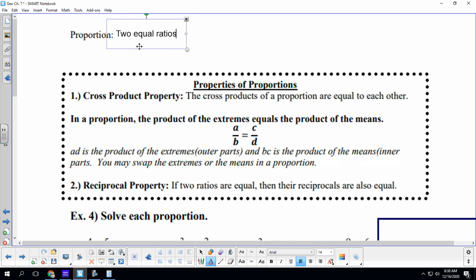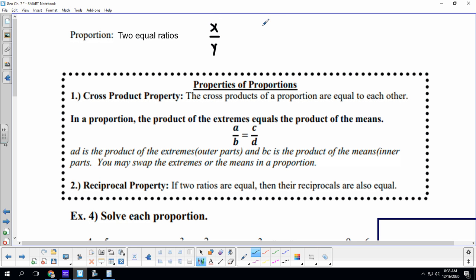So in order to have a proportion, you need to have 2 ratios and an equal sign. Okay, as long as they're equal, it's a proportion.